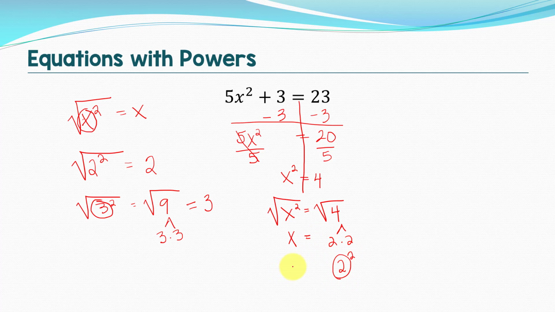So the square root of 4 is 2. But let's take another example. What about negative 2 times negative 2? Negative 2 times negative 2 would also equal a positive 4. So whenever you take a square root, you actually have 2 cases, the positive case and the negative case. And that would be your final answer.